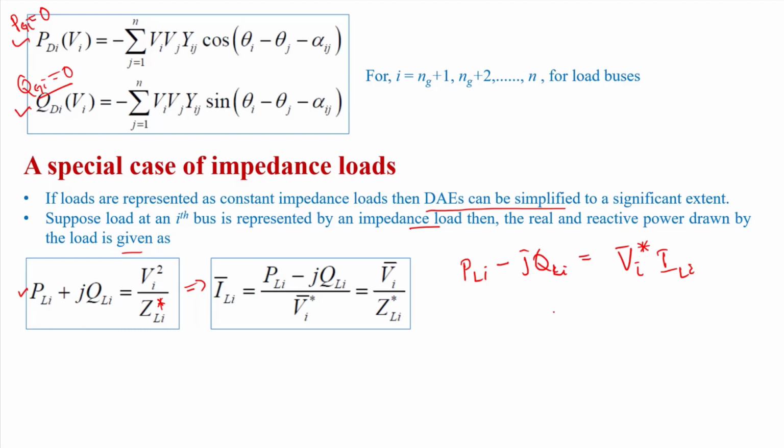So from this I can write ILI is equal to PLI minus JQLI by VI conjugate. Then just substituting this VI square by ZLI star, the expression will become VI by ZLI. No, this will be ZLI only, not ZLI conjugate. So remove this. Your final expression will become VI by ZLI, only ZLI. Okay, that's all.